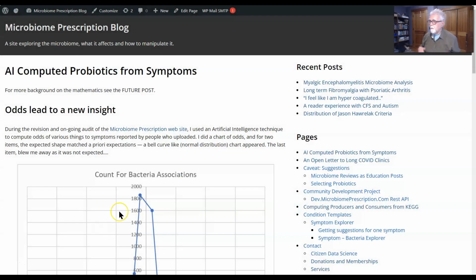The result is I could calculate the odds of a bacteria being associated with brain fog, the odds of a bacteria being associated with constipation.